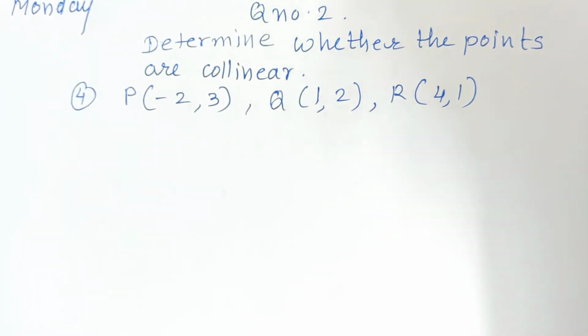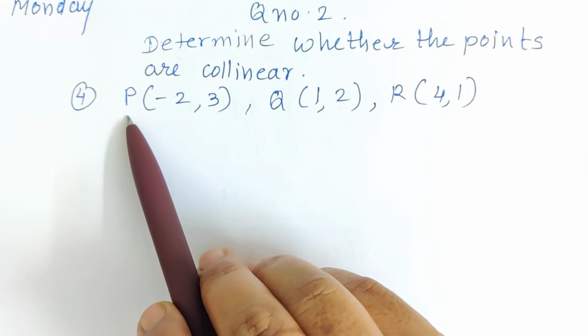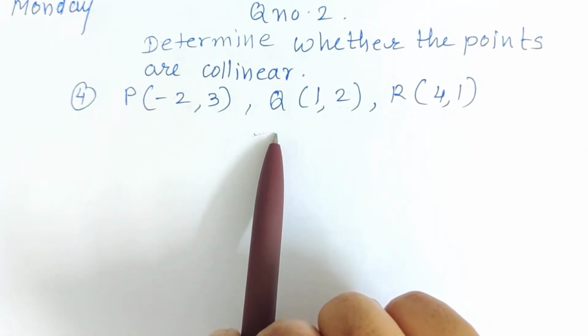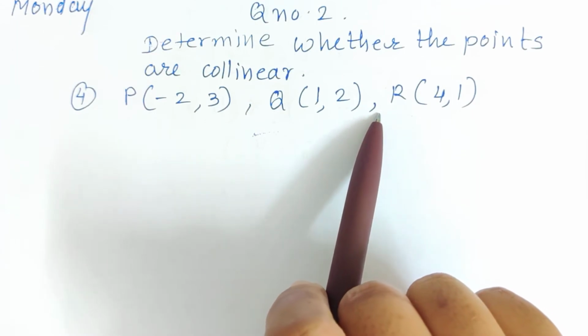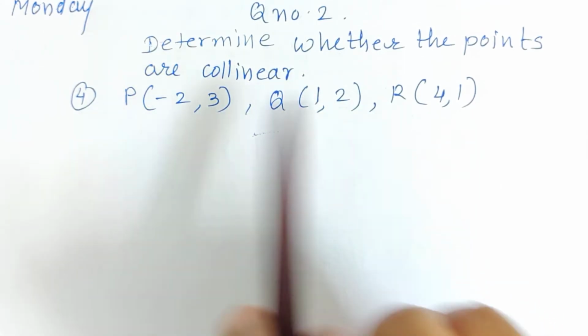Once again I will tell you how you will decide whether the points are collinear or not. First you will find the distance of PQ, then the distance of QR, thirdly the distance of PR.